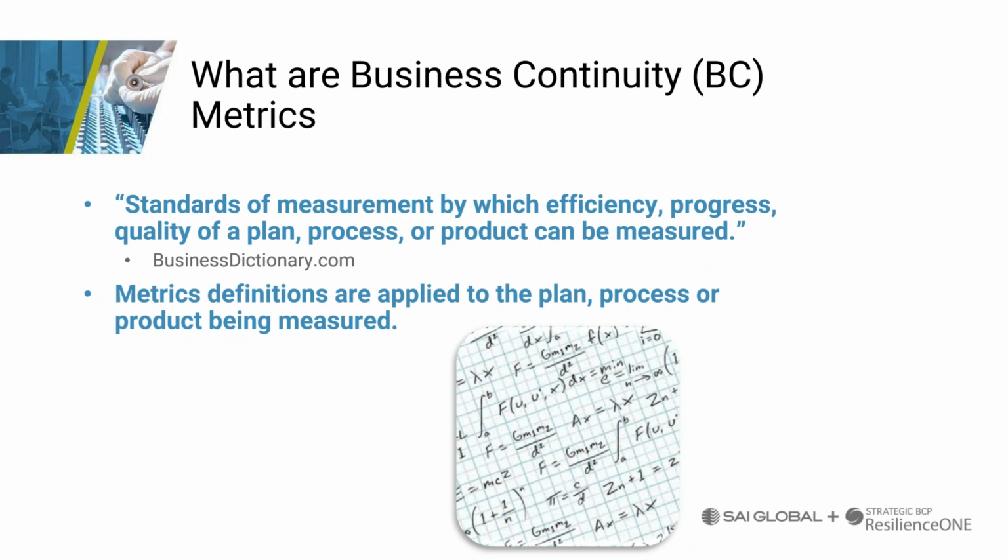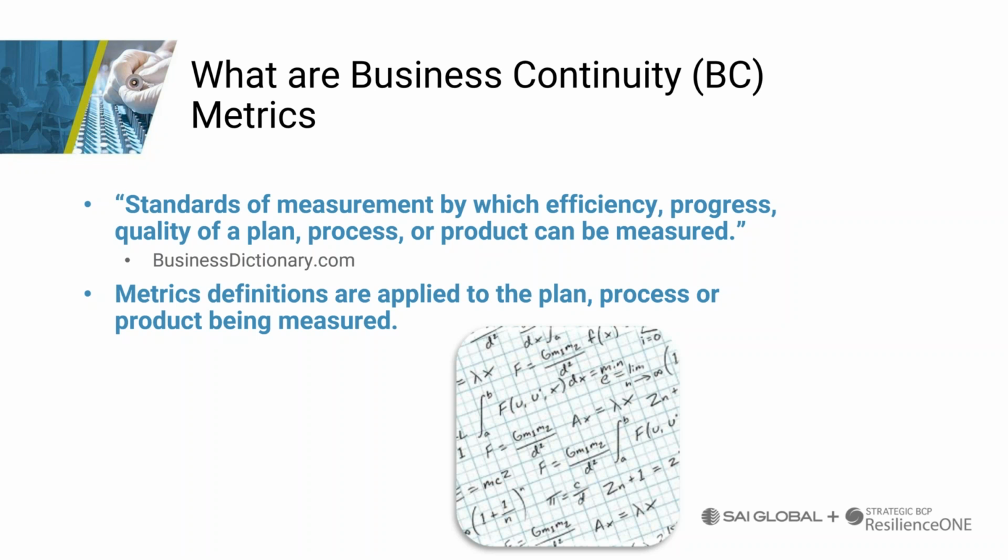Okay, there we go. So what are business continuity metrics? So first, what's a metric? So we're looking at standards of measurement. So we're looking at measuring things like efficiency or progress, the quality of a plan, a process, or a product. When we look at business continuity metrics, there's lots of different things, especially around that efficiency.